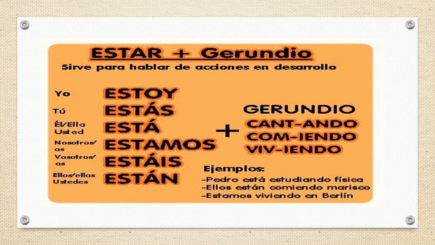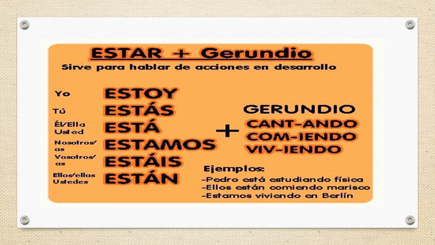Estar will be conjugated in 6 different subject pronouns: estoy, estás, está, estamos, estáis, están. The gerundio part will be formed after removing AR, ER, IR from the verbs.